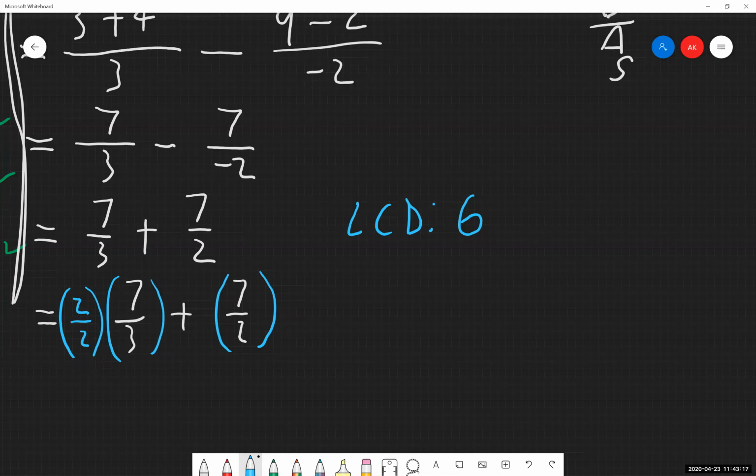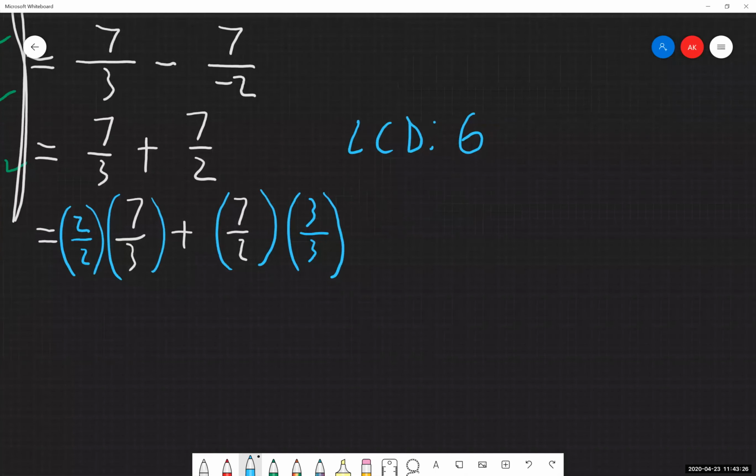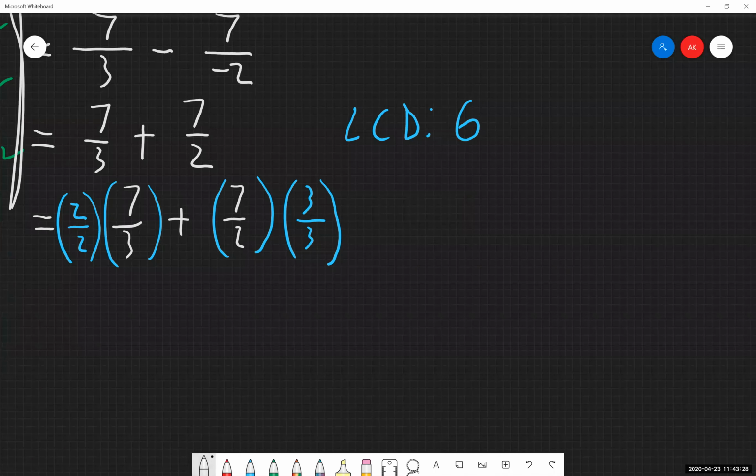For the other fraction, multiply it by 3 over 3. Again, that's essentially 1. And when I multiply those together, that's going to give me 14 over 6 plus 21 over 6.